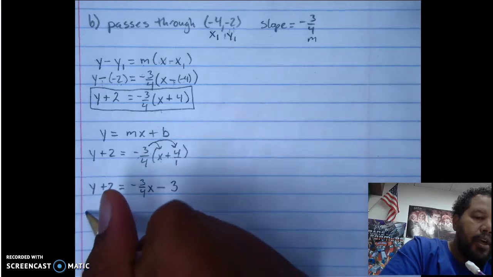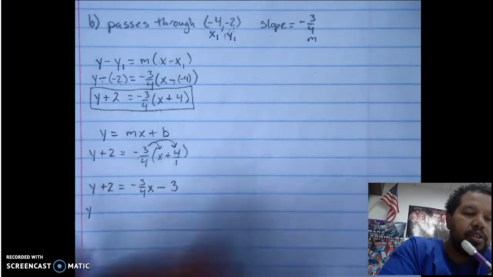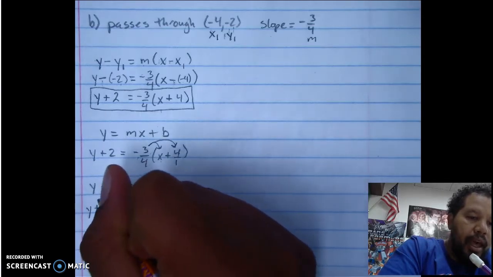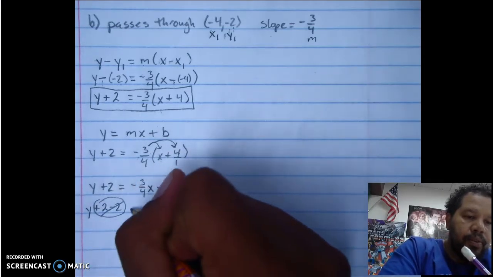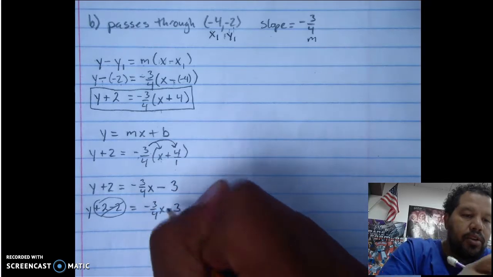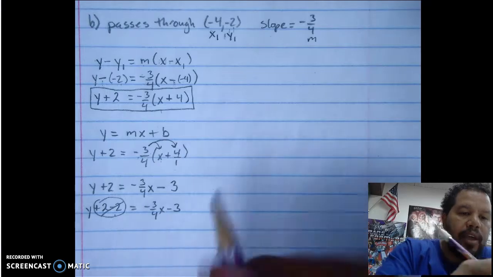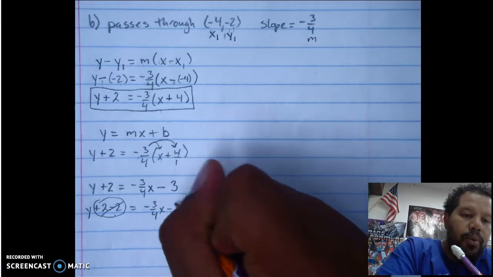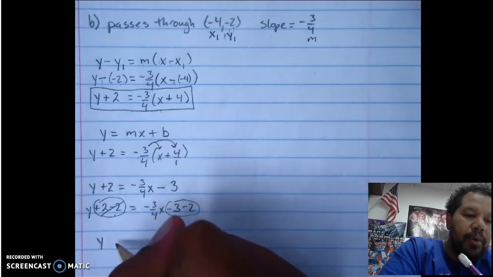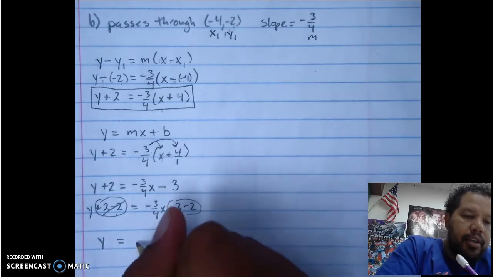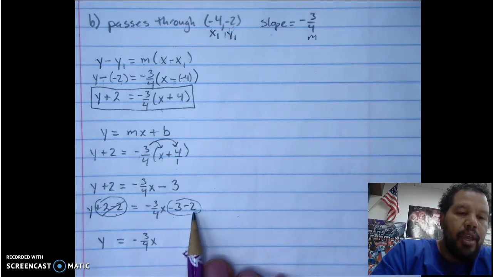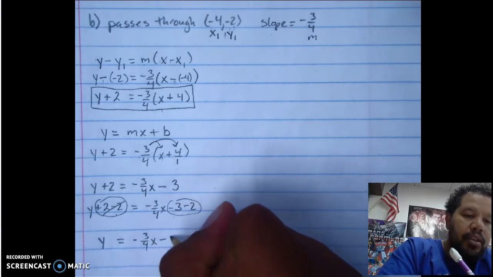And now I'm going to go ahead and cancel out that +2. So how do I cancel out adding 2? I subtract 2. So adding 2 and subtracting 2 cancel, equals -3/4 x minus 3. If I subtract 2 on the left, I have to subtract 2 on the right, and these combine, leaving me with y on the left equals -3/4 x, -3 minus 2 gives me -5.